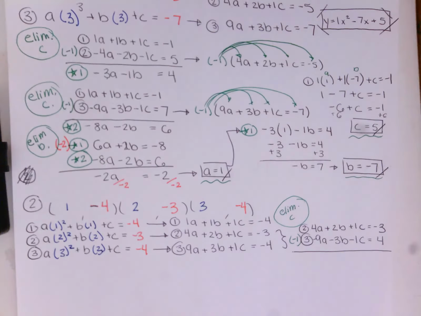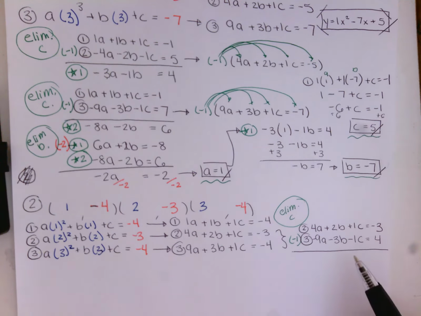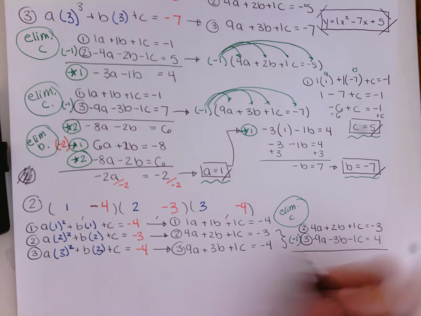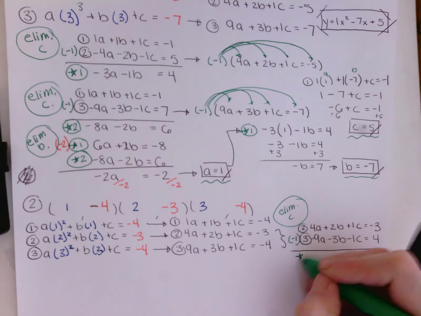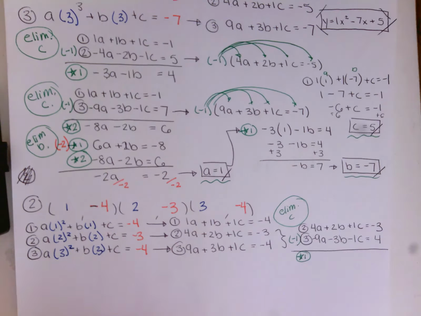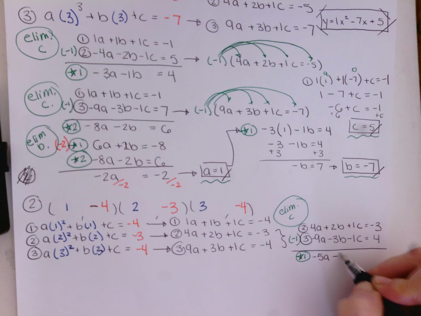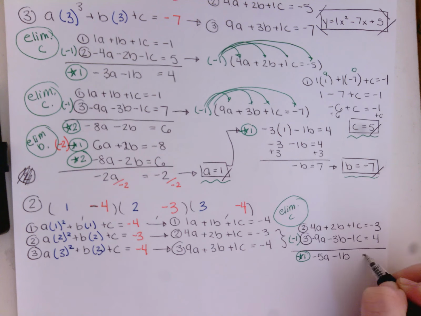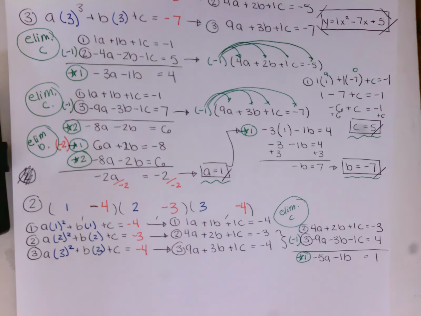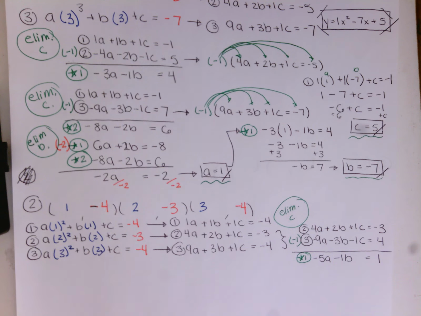Got to be more mindful of that. Here we go. Okay, so now when I add this, this is going to give me my first star equation. So I have a -5a, a -1b, my c's cancel, and we've got equals 1. So I used equations 2 and 3.